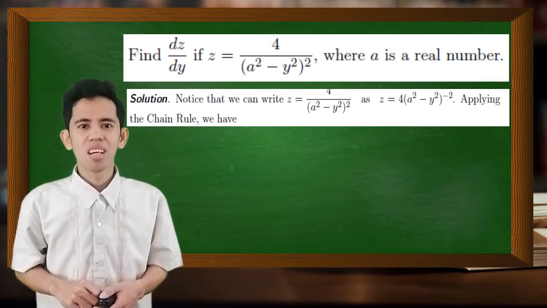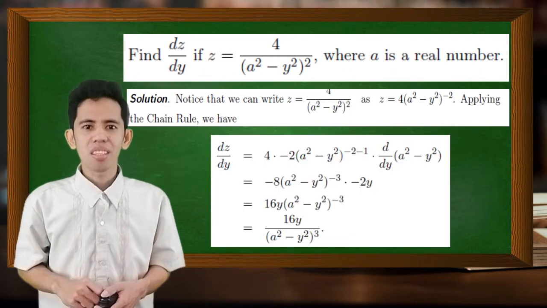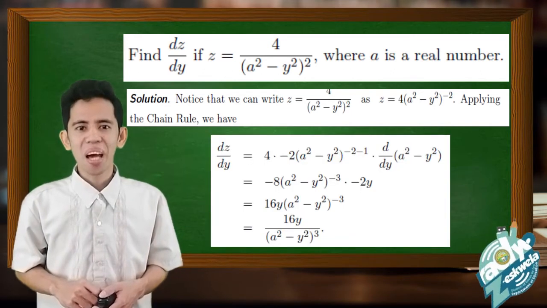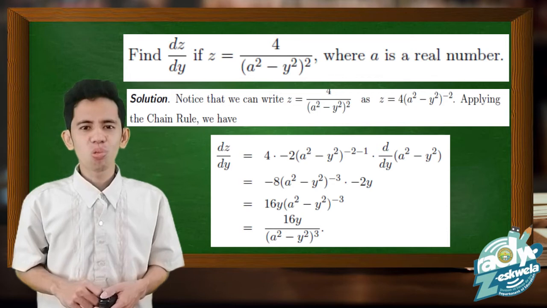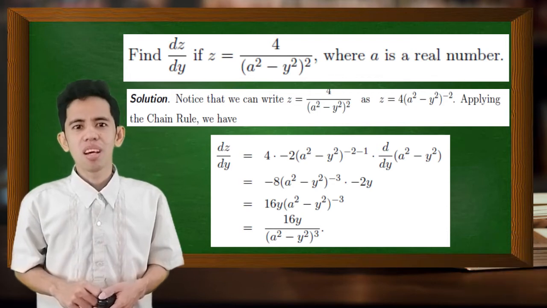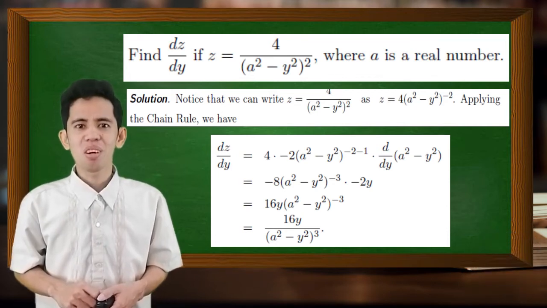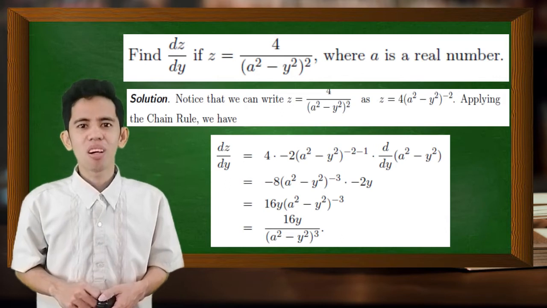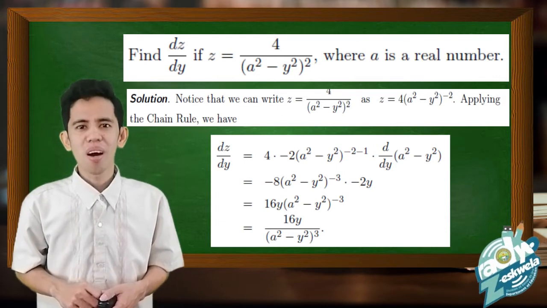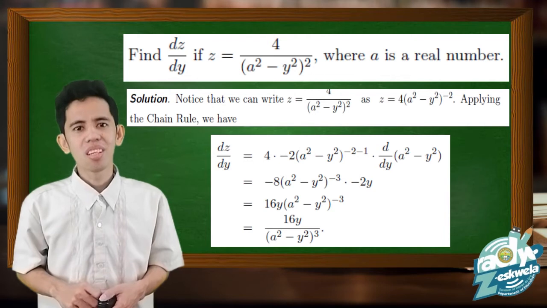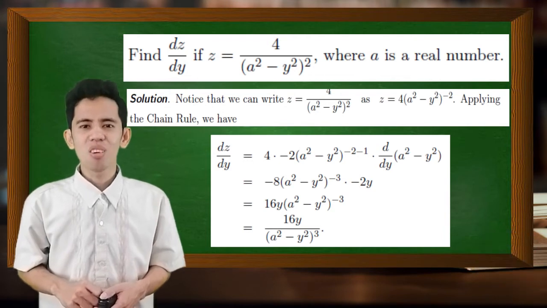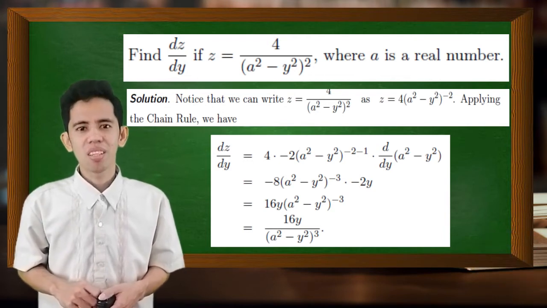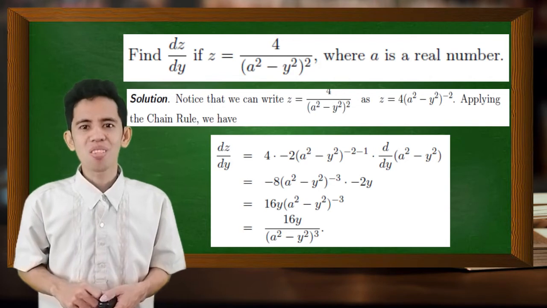We have dz over dy is equal to 4 times negative 1/2 quantity of a squared minus y squared to the power of negative 1/2 minus 1 times d over dy of a squared minus y squared.